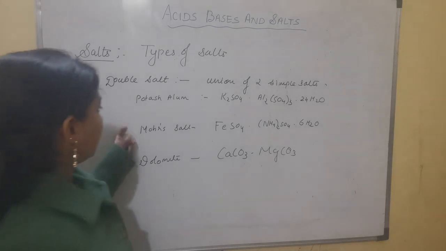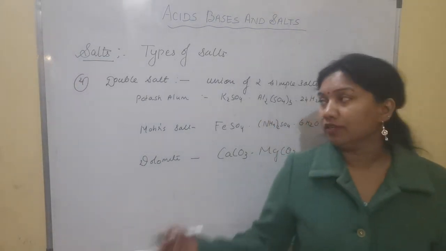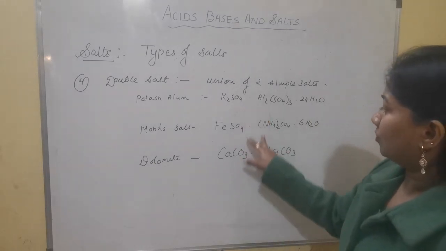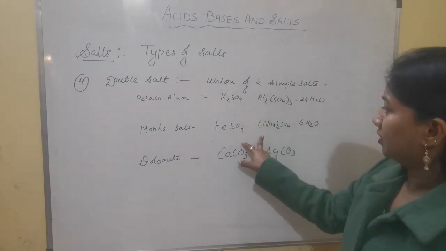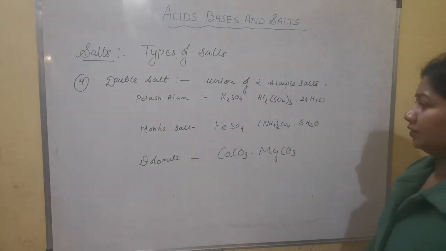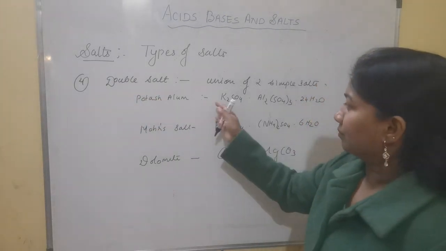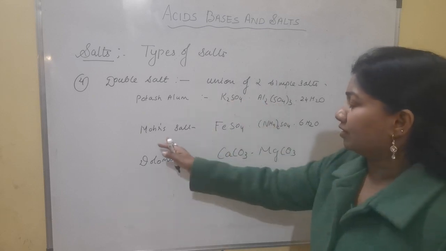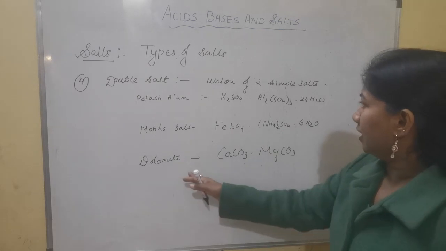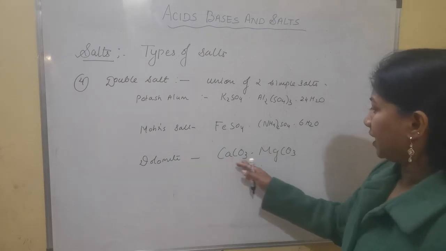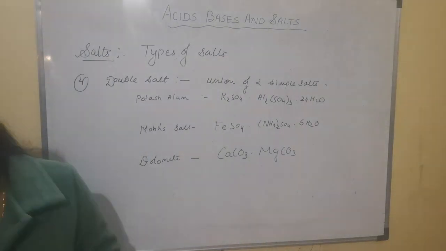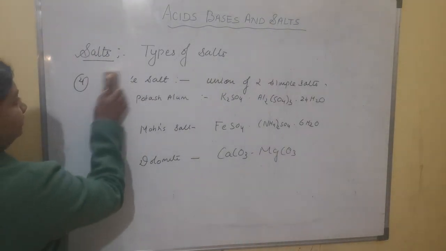So these three examples you have to learn for double salts. We can see the combination of two simple salts making a double salt: potassium sulfate with aluminium sulfate, Mohr salt is ferrous sulfate with ammonium sulfate, and dolomite is calcium carbonate and magnesium carbonate.